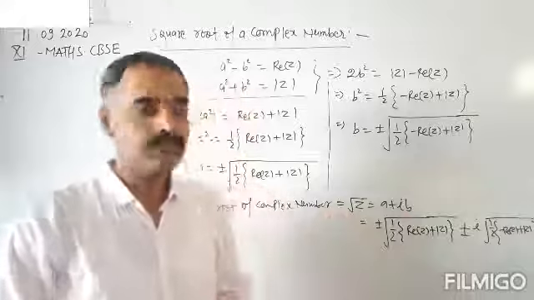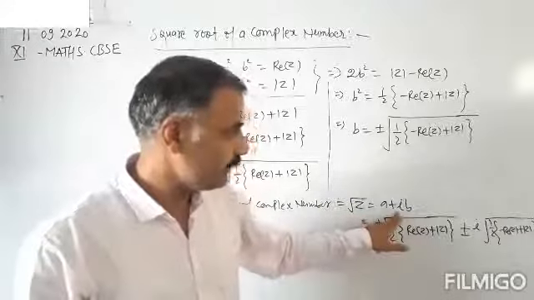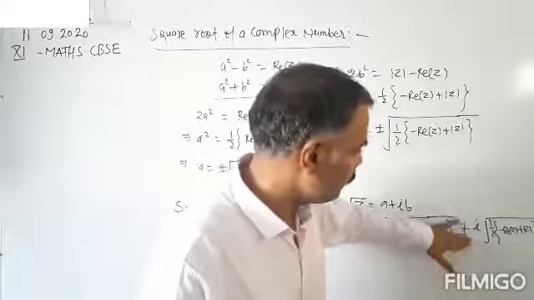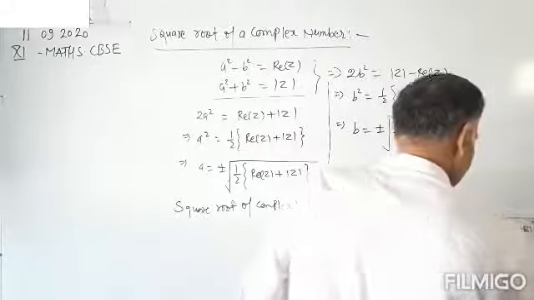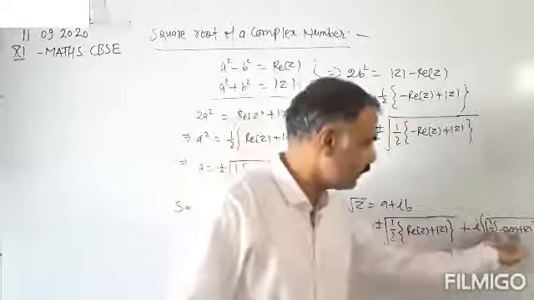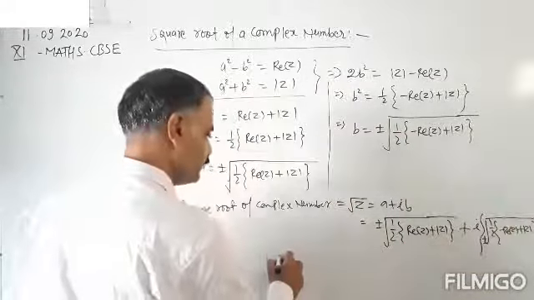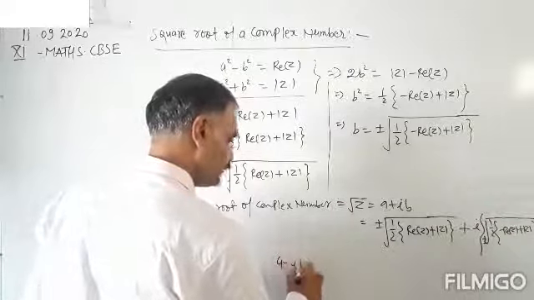Now this is a plus iota b, that is why here we have the sign plus.